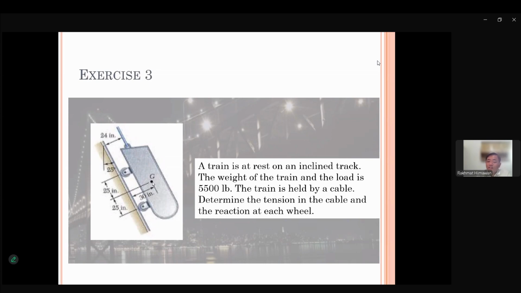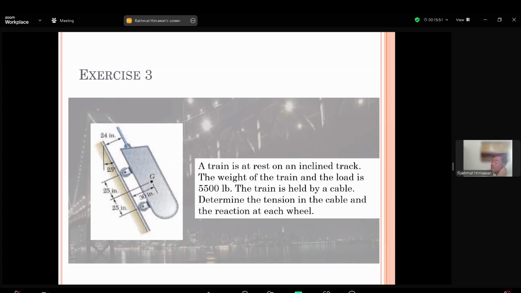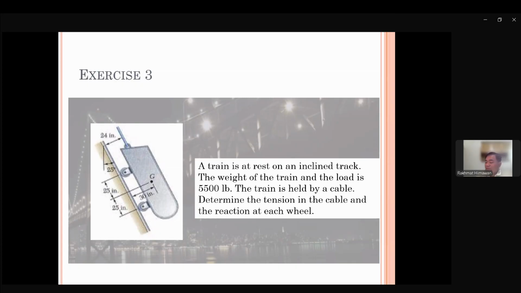Sometimes they don't tell you where G is, the center of this weight, and you need to find out yourself. Sometimes you can, but that's for another chapter. We have a chapter dedicated to finding the location of G, but not in this chapter.